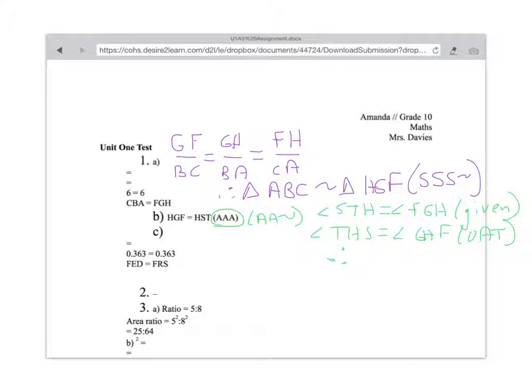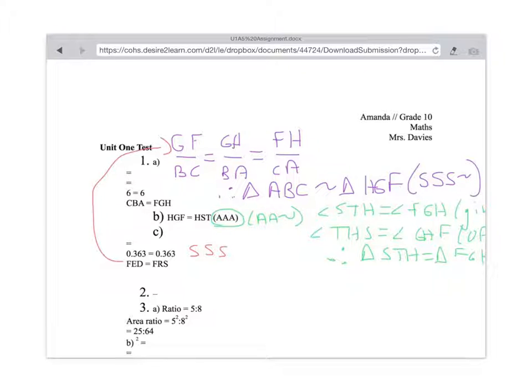Therefore, triangle STH is similar to triangle FGH because of angle similarity. For C, it's a side relationship again. For C, I want you to look up here at what we did for 1A and follow the same format.